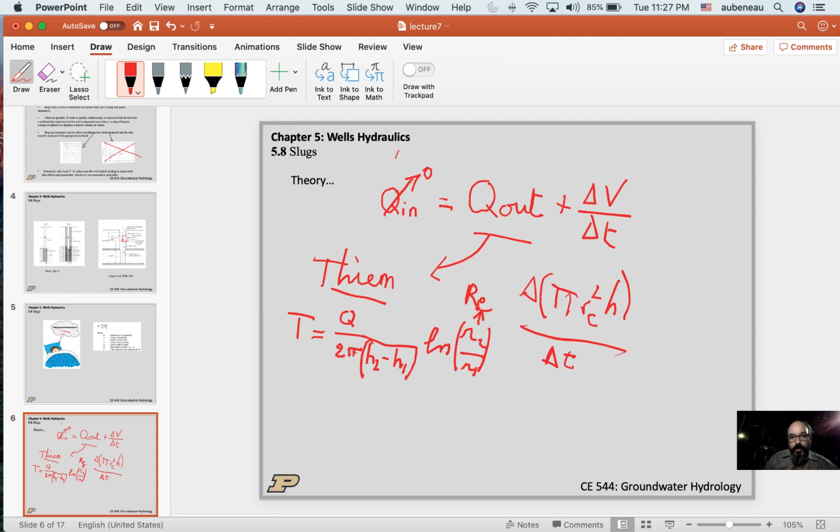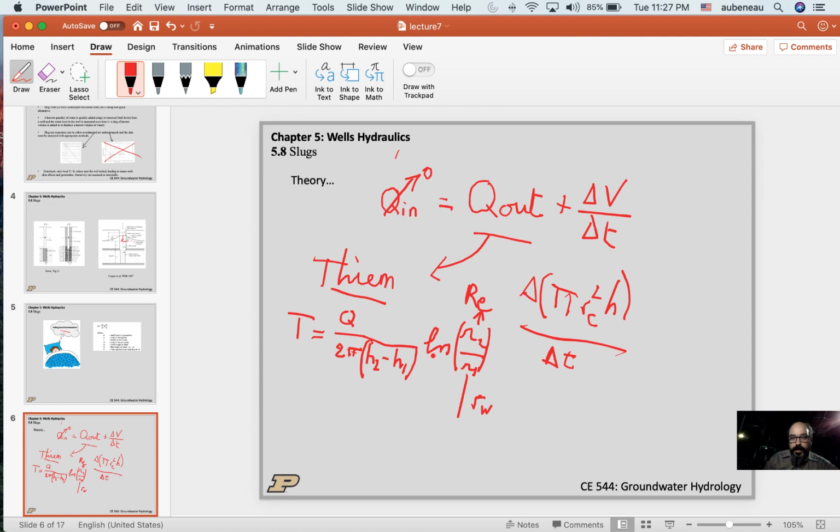So at R2, we're saying the drawdown is basically 0, right? So H2 here is basically the same as the original steady state, stable water table, stable piezometric surface. And H1 here, if we consider H1 the radius in the well, so let's call this RW, RW.